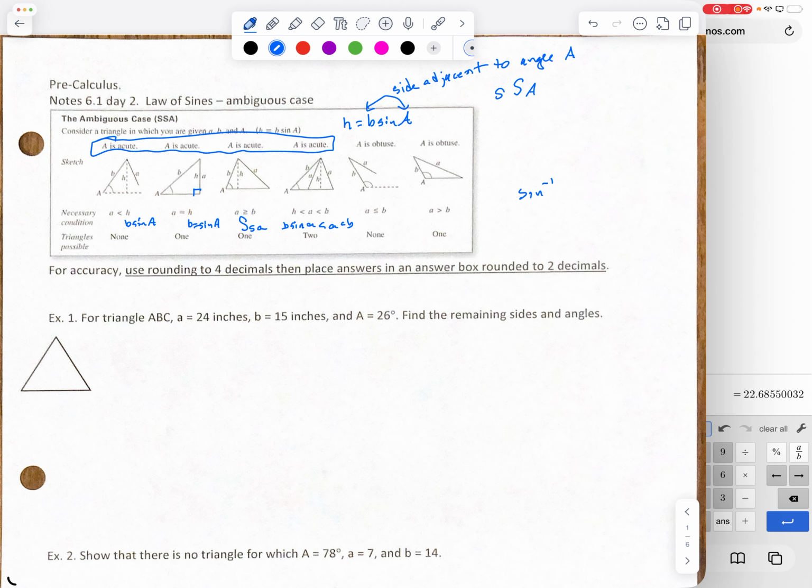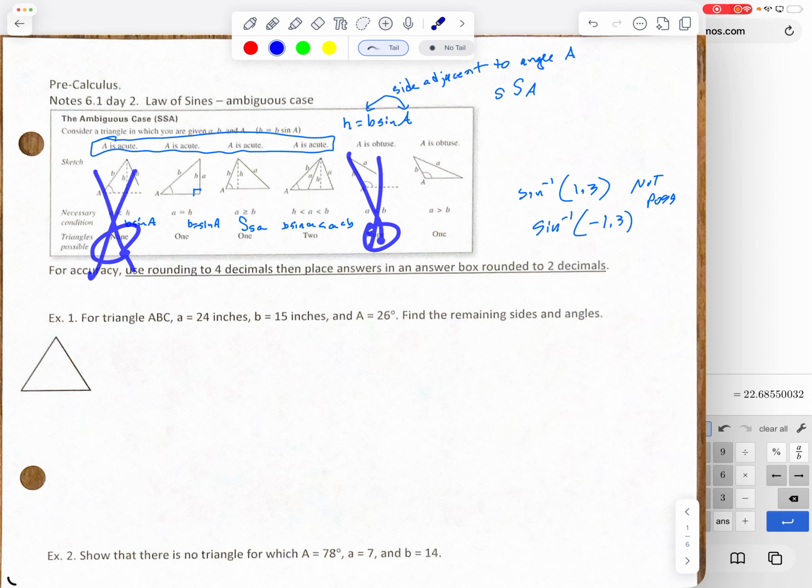And then I need 15 times the sine of 26 degrees, all over 24. And that's the sine of B. But then I need to take the inverse sine of that value. And the inverse sine of the sine of B gets you the measure of angle B.